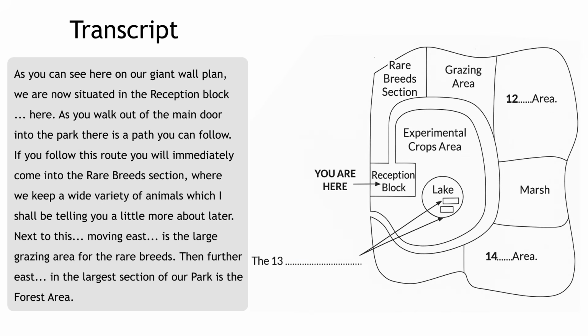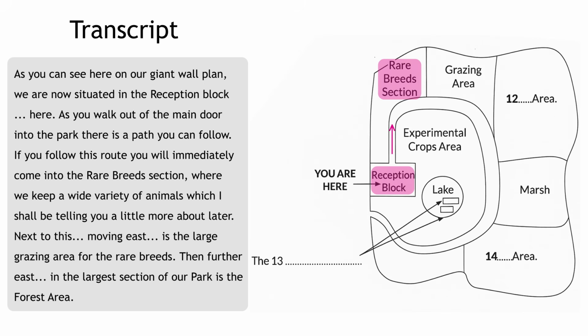"As you can see, here on our giant wall plan, we are now situated in the reception block." So we see that the reception block is here. "As you walk out of the main door into the park, there is a path you can follow. If you follow this route, you will immediately come into the rare breeds area." So it's close to number 12, all right?